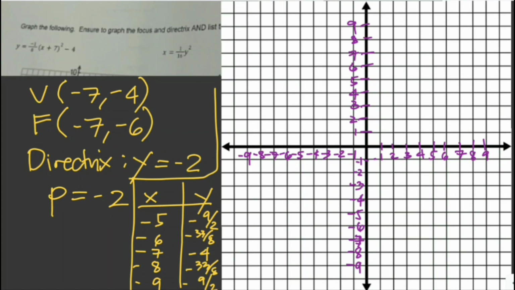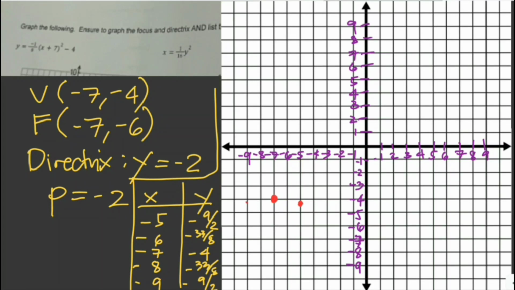So when x is negative 7, y is negative 4. So it's here. That is our vertex. And when x is negative 5, y is negative 9 over 2. So that is negative 4.125, somewhere here.